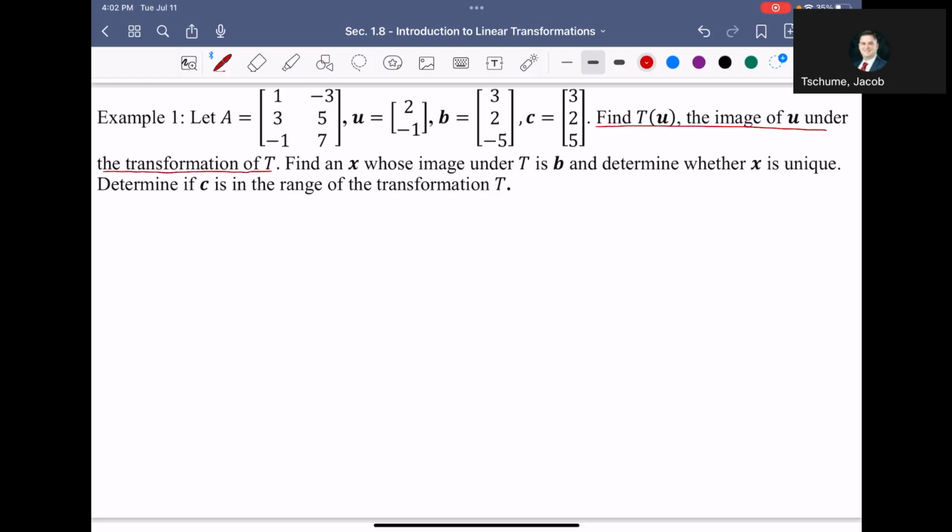So recall from the previous slides, when we say T of U, at this point, every transformation is matrix multiplication.